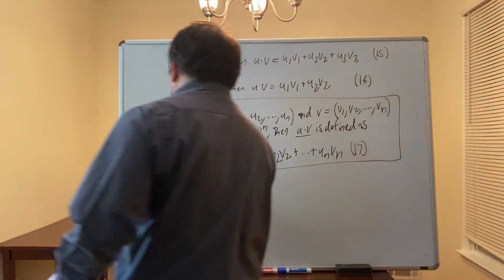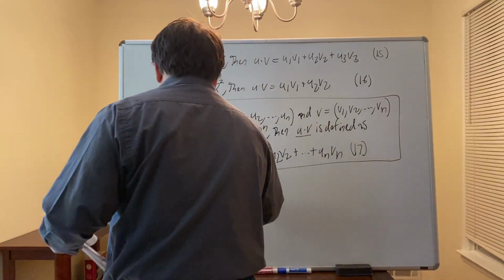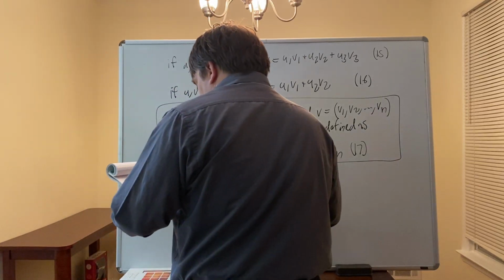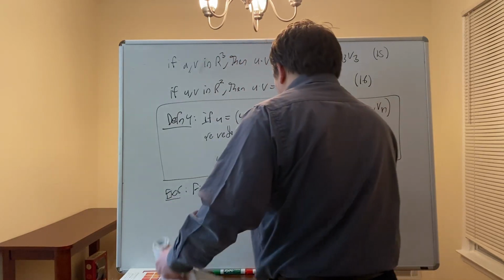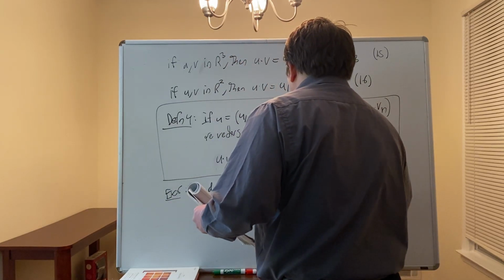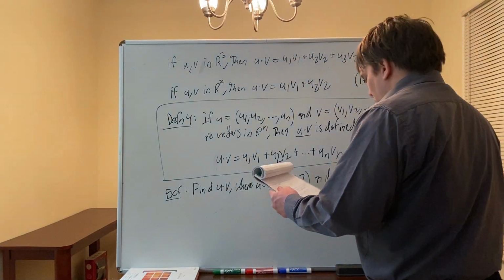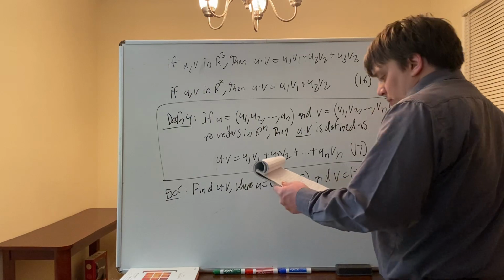Okay, so example 6, we're going to compute this dot product. Find, using this definition, u dot v, where u is -1, 3, 5, 7, and v is equal to -3, -4, 1, 0.